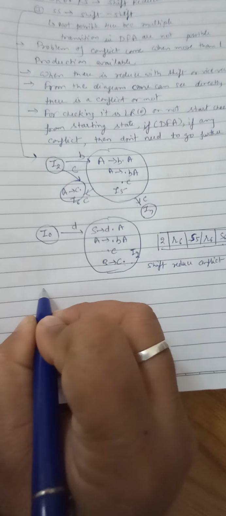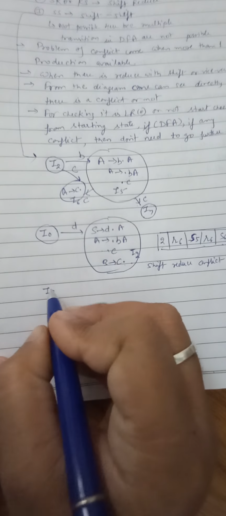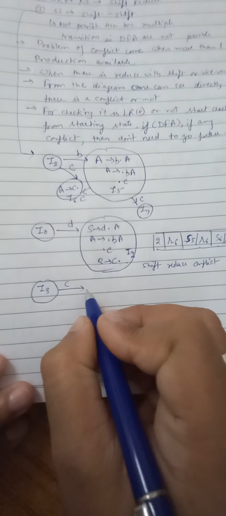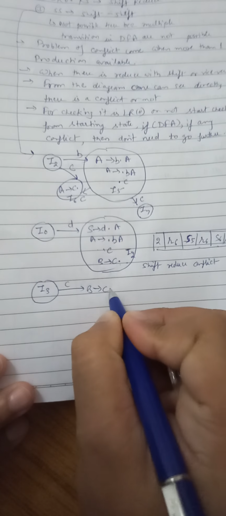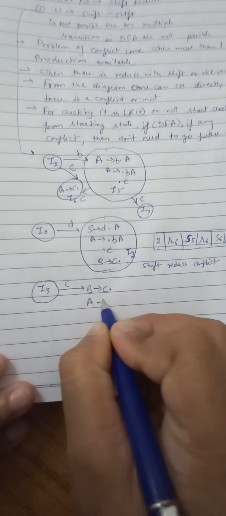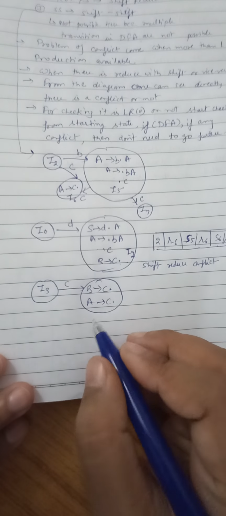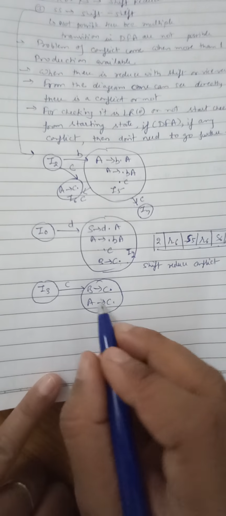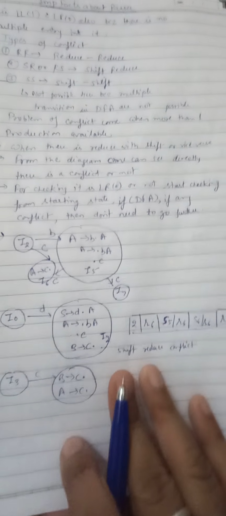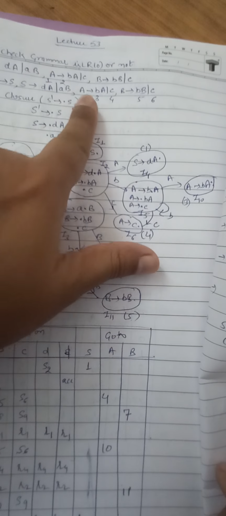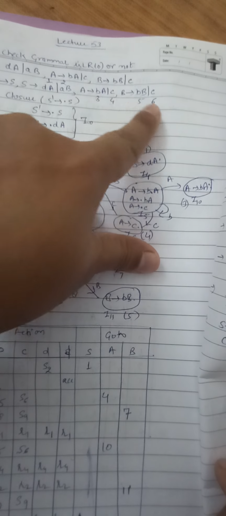In a similar way, from I3, for C, if we are going like this, we can say there are two reduces, because we are reducing two different productions for C. We can see from here, one is 4 and one is 6, and these are reductions.